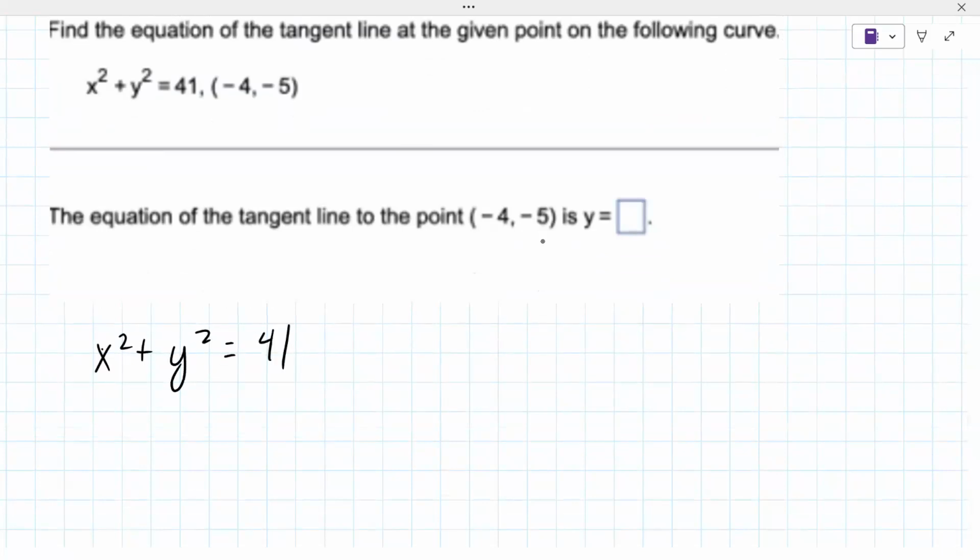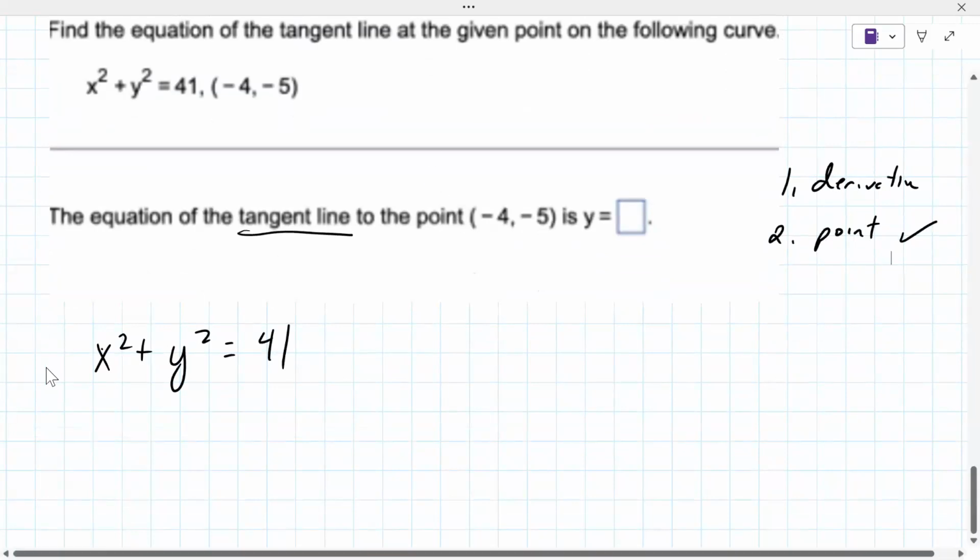Next problem here. So we've got to find the derivative again. Tangent lines require two things. They require you to take a derivative, and they require a point. You have the point already. So the derivative here, just the same way as the previous problem, when it's with respect to x, is the same old standard derivative with respect to x. So that's 2x. The derivative of y squared is just like with x.